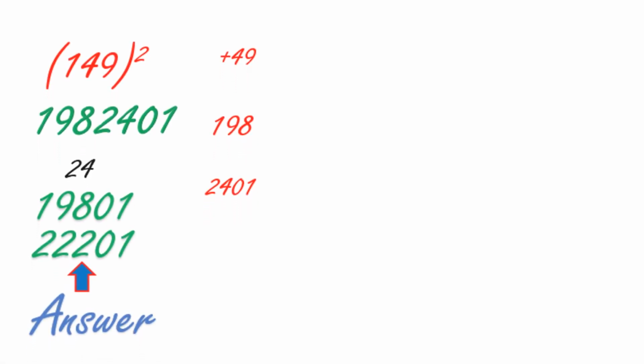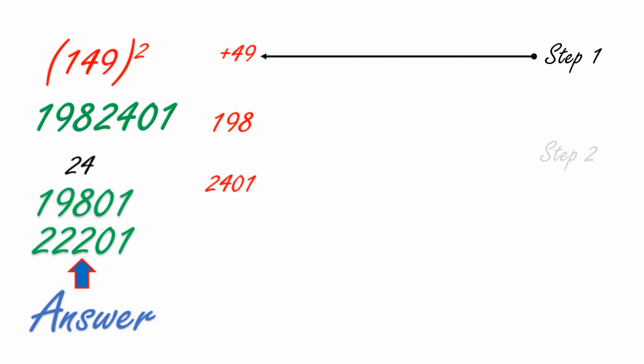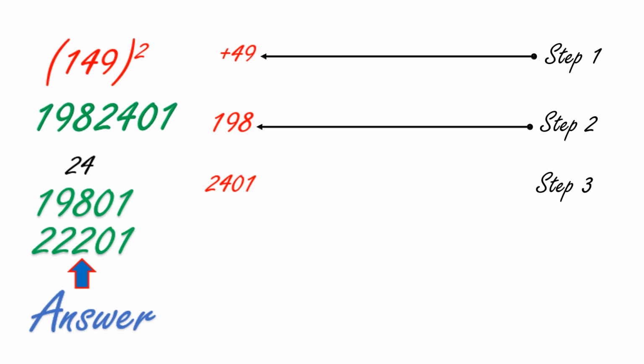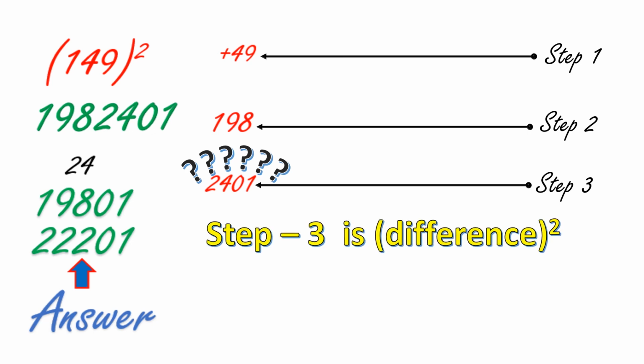Now, quite possibly, you might have some confusion. The first step I got very quickly, that's fine. The second step I got quickly, that is also fine, but your confusion rolls around the third step. How did I calculate 49 square, that is 2401, so quickly? Because of the practice, I have a lot of practice with this particular method.